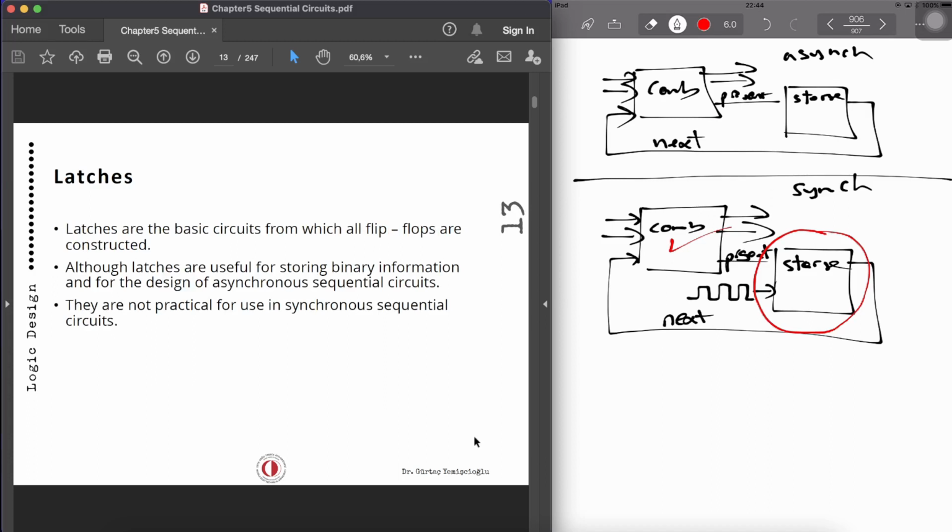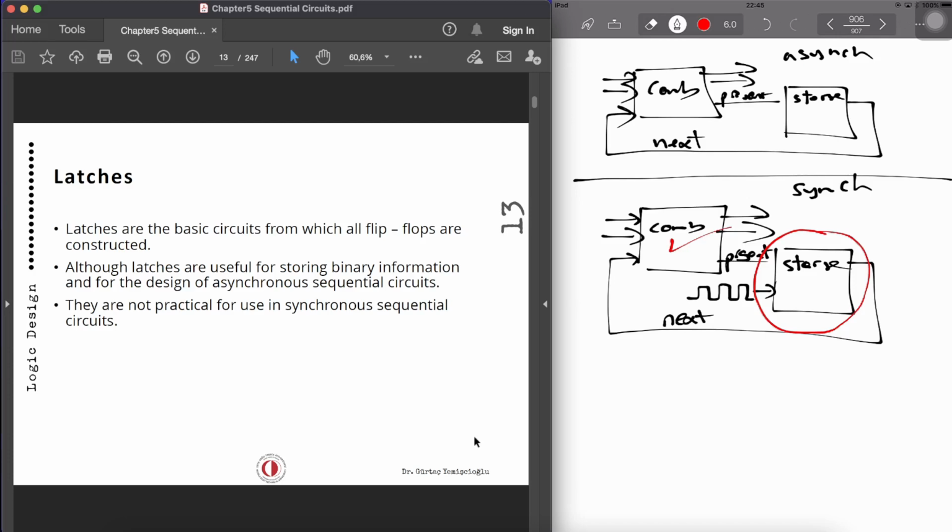Okay, so latches are the fundamental building block of all these asynchronous and synchronous designs. They are useful for storing 1 bit of information, and they are generally used for designing asynchronous sequential circuits.